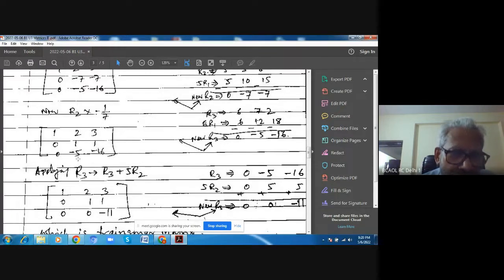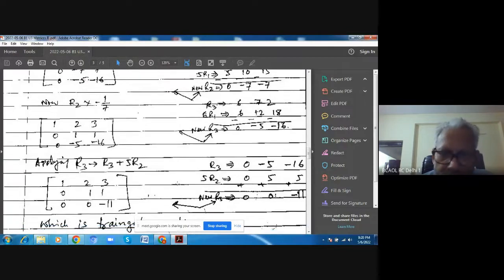So 0 -5 -16. Then क्या किया हम लोगों ने? 5 R2. So 5 R2 हमने लिखा. Then 0 5 5 बिकॉज 5 से मल्टीप्लाई किया. 0 5 5 मल्टीप्लाई इधर लीजिए. देन प्लस करना है. नीचे प्लस प्लस प्लस, सीधा आप देखिए दैट इज -11 0 0.